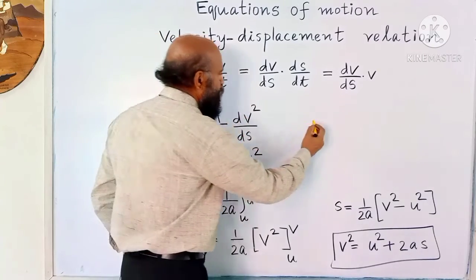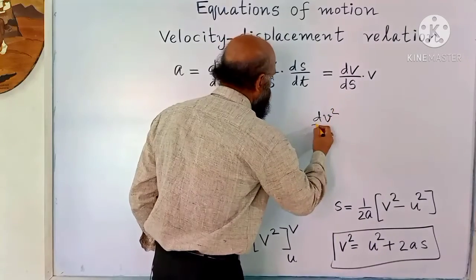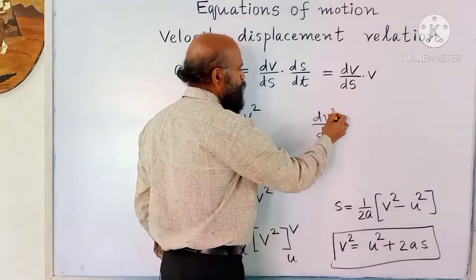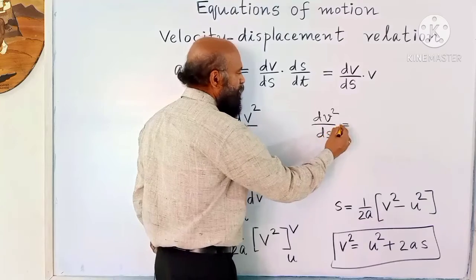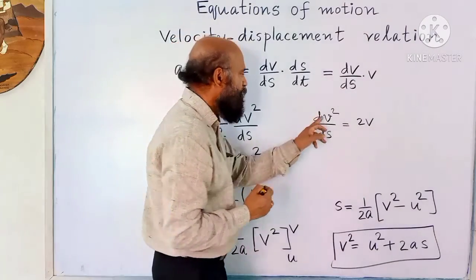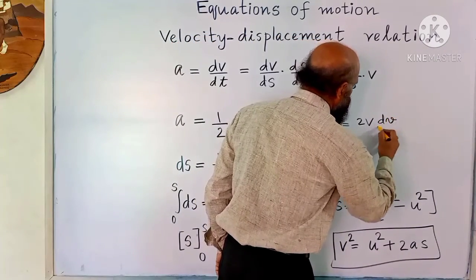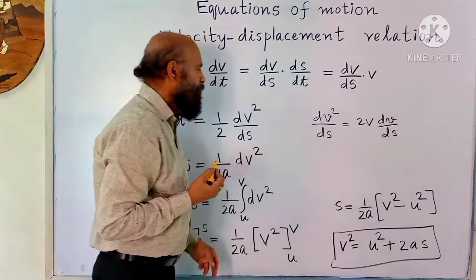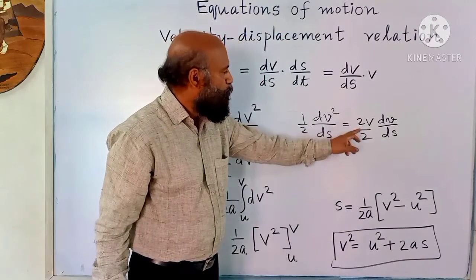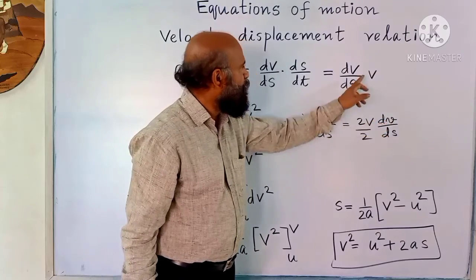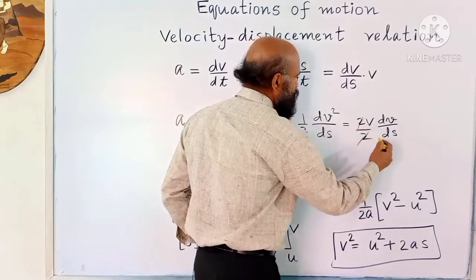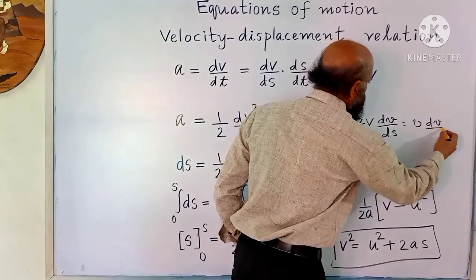So now dv square by ds. The differential coefficient of v square with respect to displacement ds: differential of v square is 2v, then differential coefficient of v is dv by ds, then this half, so this 2 will get cancelled, so v dv by ds.